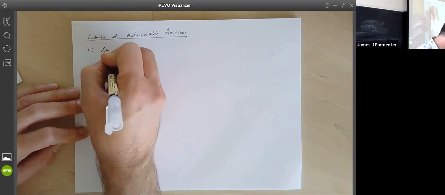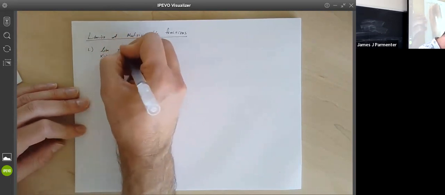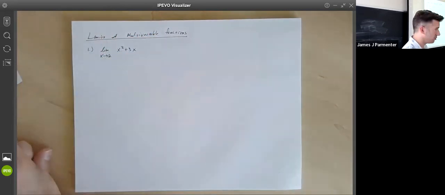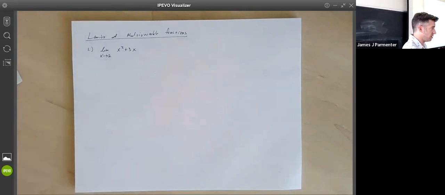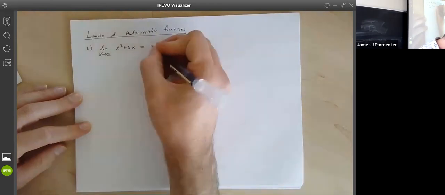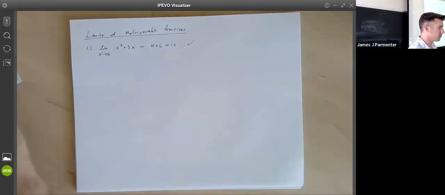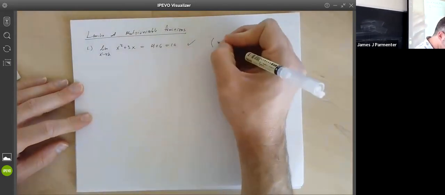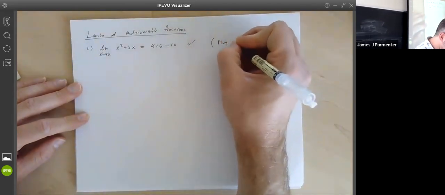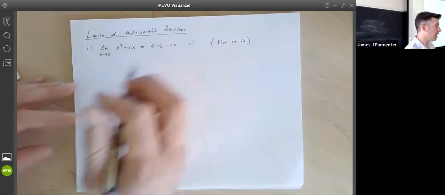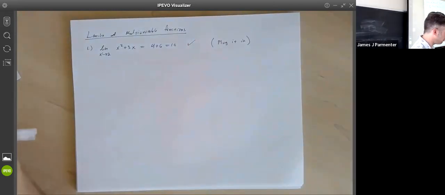So you're doing the limit as x approaches 2 of x squared plus 3x. The first rule is just if you can plug in what x is approaching and get a real number out, good to go. If I plug in 2 and I get 4 plus 6, which is 10, check, that's the limit. So first thing you want to try is plug it in. If you get an answer out, probably good to go.